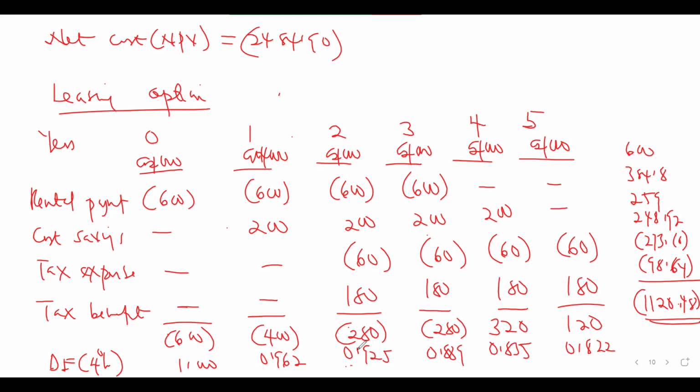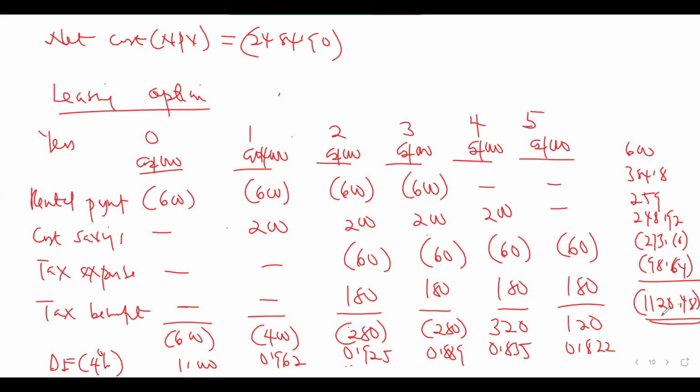Anyhow, year one is negative 384.8. Year two is 259 negative. Year three is 248.92 negative. Year four is 273.6 positive. But since the negatives are all going to be adding, that's why I make them positive and subtract the positive.